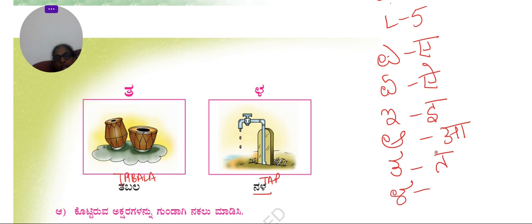So we have completed 26 alphabets till lesson 5. There are 5 more lessons with which we'll complete the rest of the alphabets.